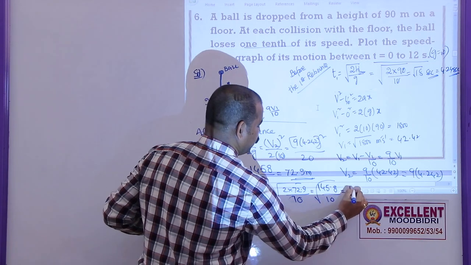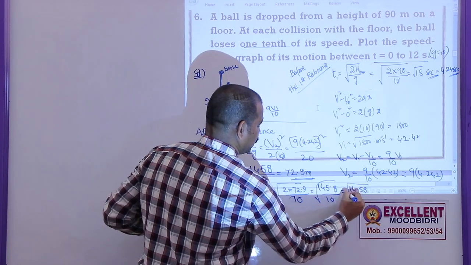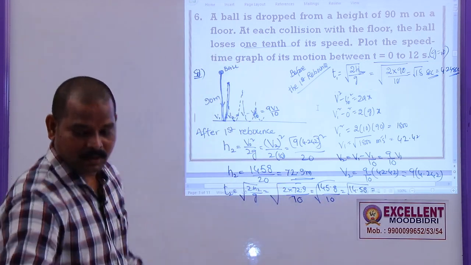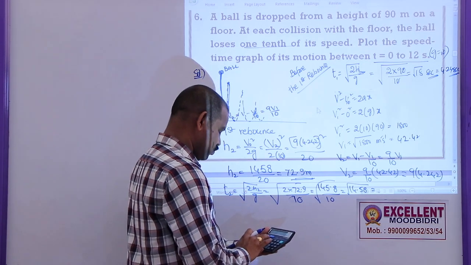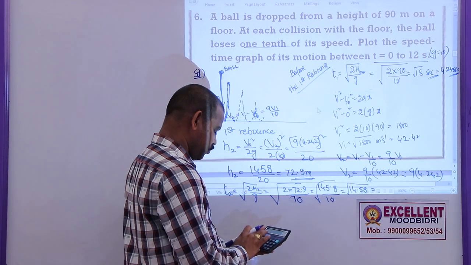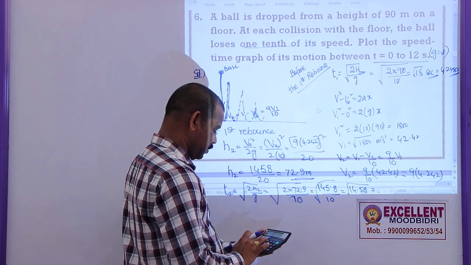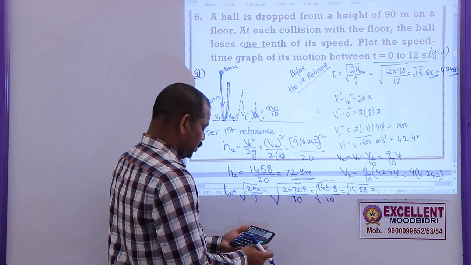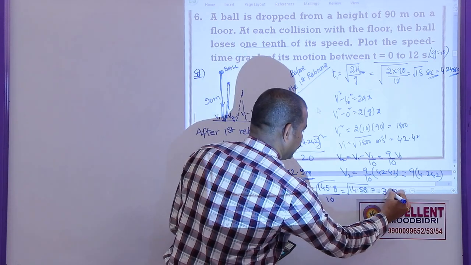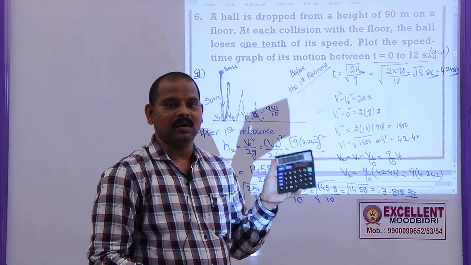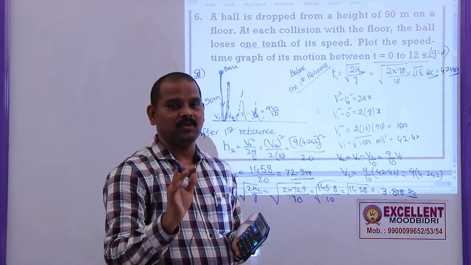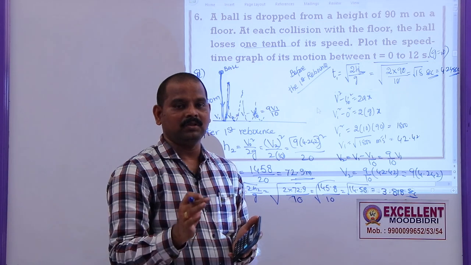This will be root of 14.58. So, what is this time? The root of 14.58 is given by 3.818 seconds.